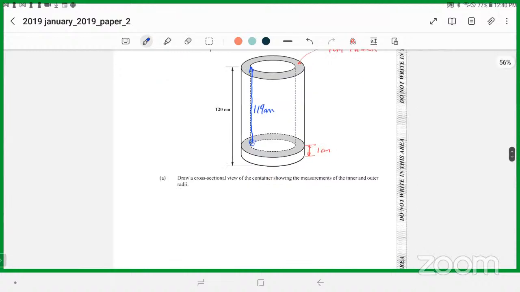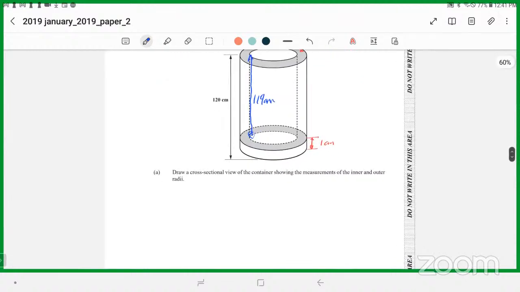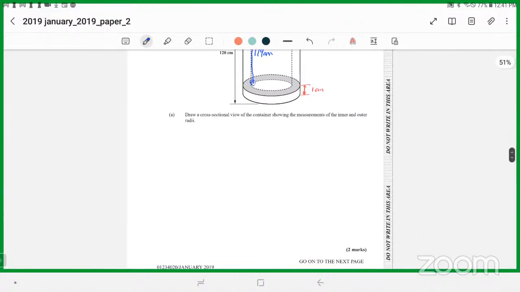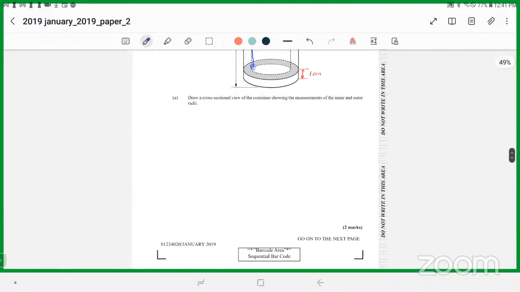All right, let's see what they say now. They say draw the cross-section view of the container showing the measurements of the inner and outer radii. So basically, you need to draw two circles, one of radius 14 and one of radius 15, with the same center. You're drawing something like this.